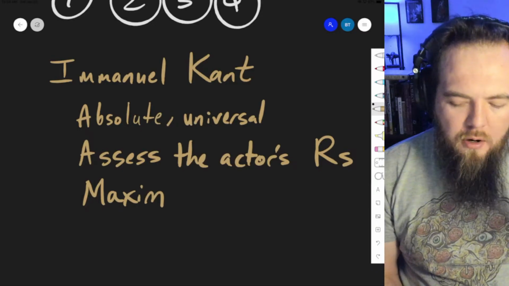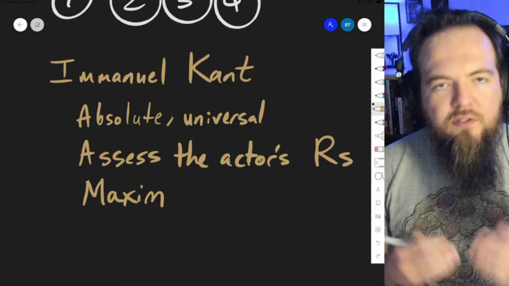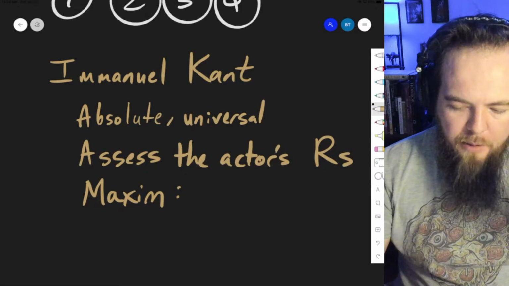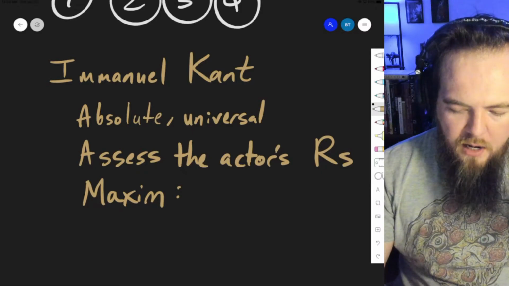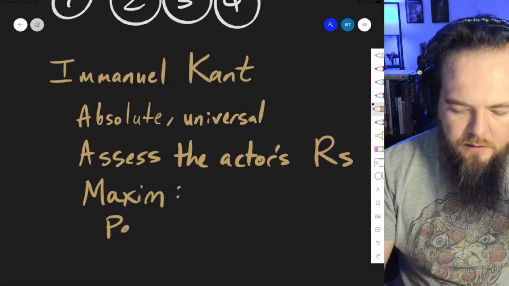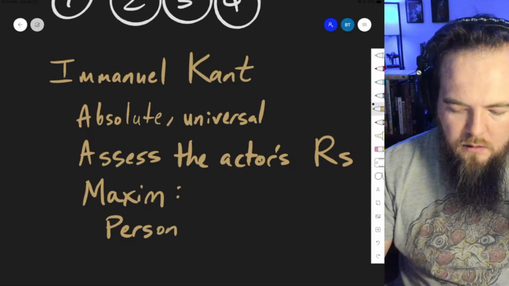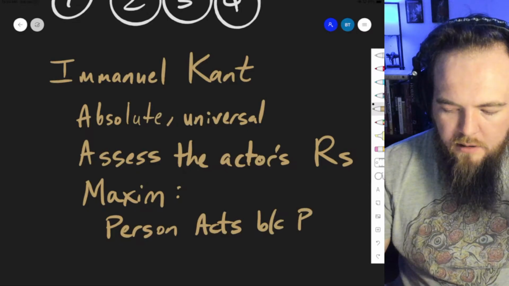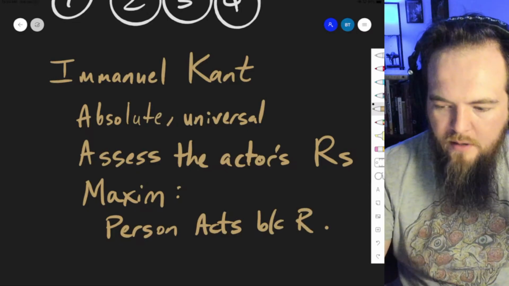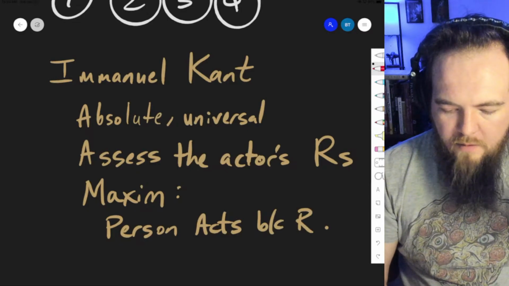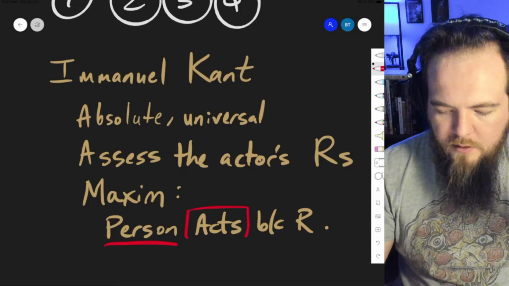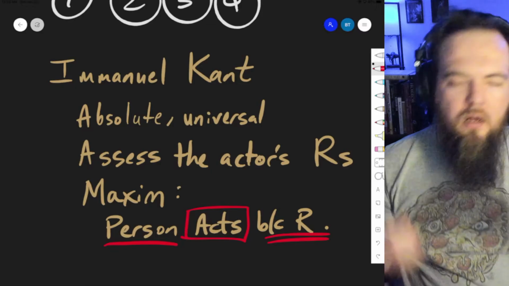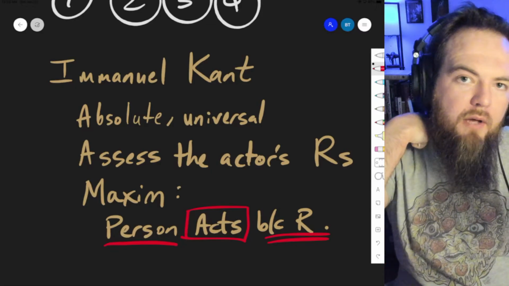Now, this is a fancy word, and it's somewhat controversial as to what Kant meant whenever he talked about this, but you can just think about this as basically a person acts because reason, right? So we have a person, they do some sort of action, and they do that action because they have some sort of reason. Okay?